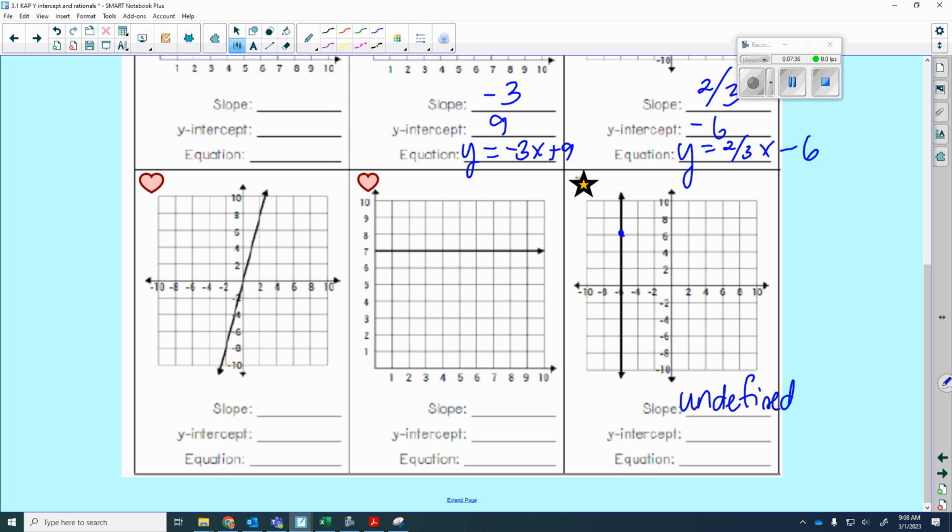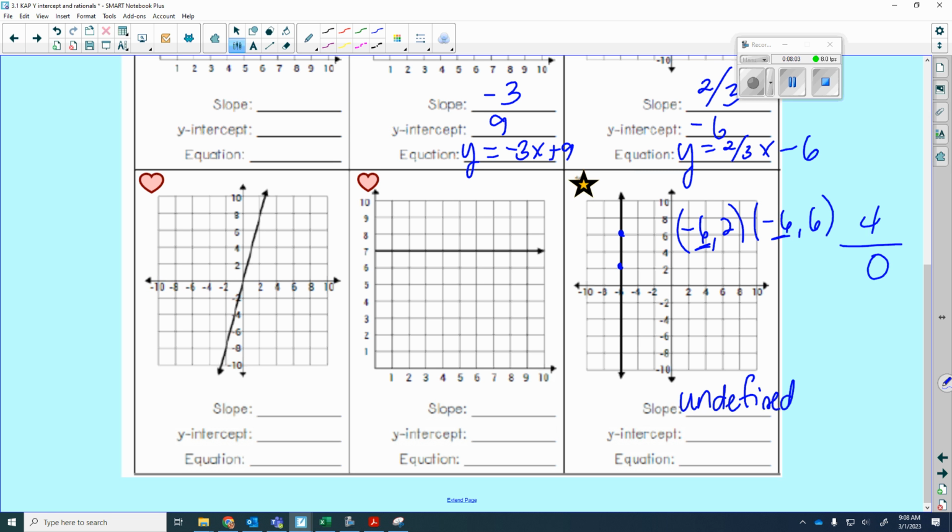If I pick 2 points here, that would be (-6, 2) and (-6, 6). When I subtract my y's, 6 minus 2 is 4. But when I subtract my x's, I get 0 on the denominator. And remember, anything divided by 0 is undefined. Y'all remember that? We also said that a vertical line is not a function. So it has an undefined slope.